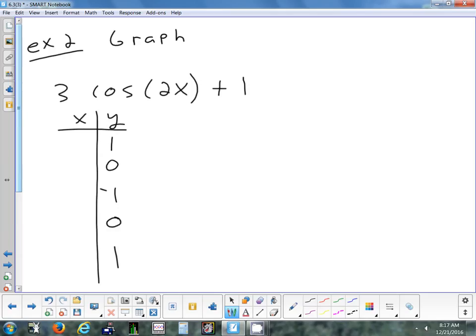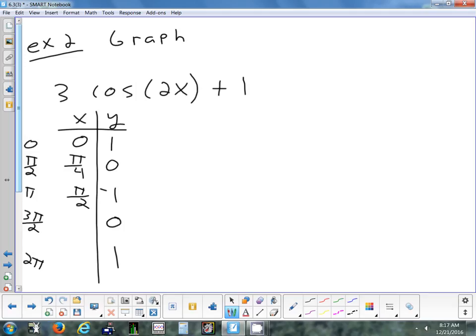And now, what do you do to all your x values? Yeah, divide them by 2 or multiply them by a half. Okay, so what are my x values going to be? 0? Pi over 4?